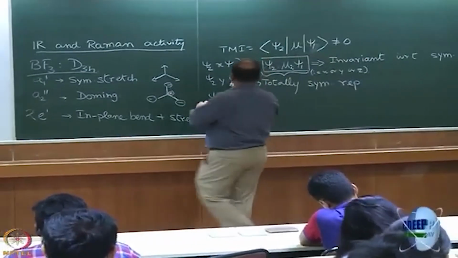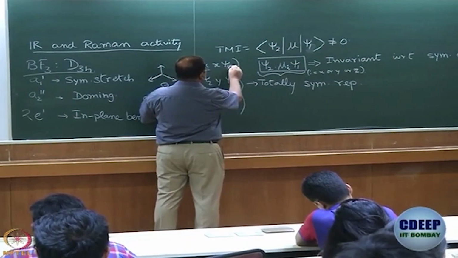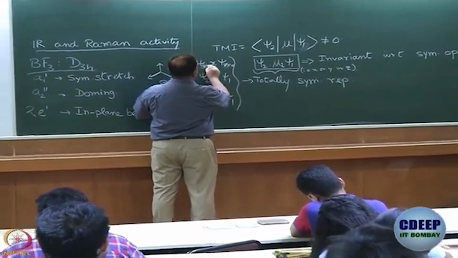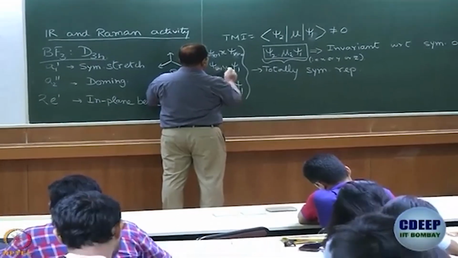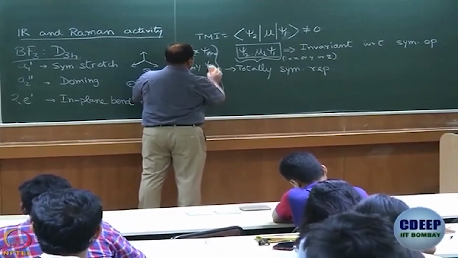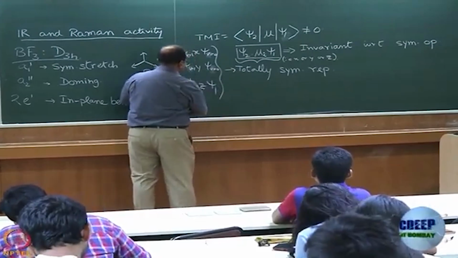So, here what are the wave functions that are important? The wave functions that are important are psi V equal to 0 and psi V equal to 1. So, if we are talking about vibrational transitions, then this is what we need to consider.